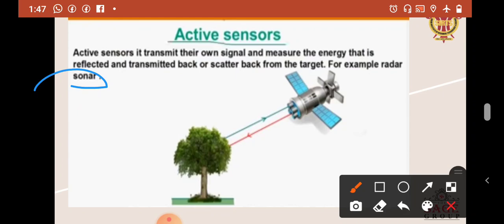Active sensors work like sonar. Sensors send the signals or light and energy, and then the tree or any object absorbs and reflects it. The active sensor senses this reflected energy, records the data and sends it to the receiving station.